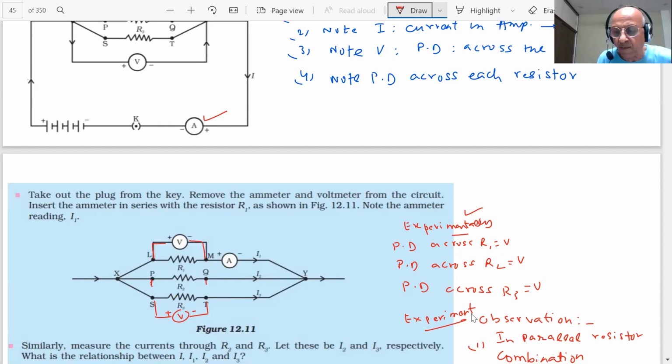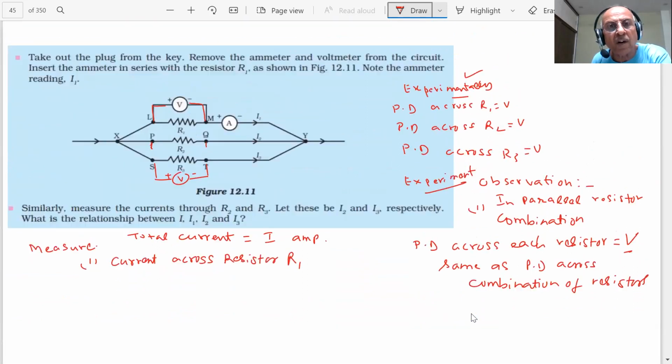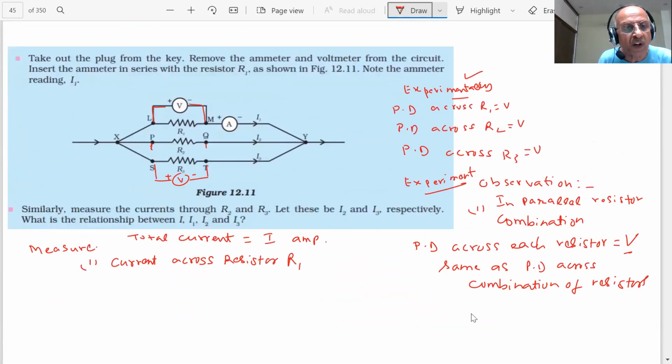If I find this value, what do we observe? Experimentally, we observe that the current across resistor R1 is equal to I1, which is not the same as I. Current is different now. Current across R1 is I1, and we find the current across resistor R2.